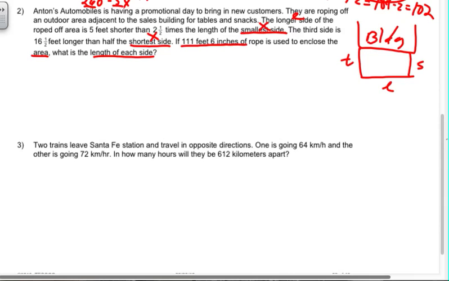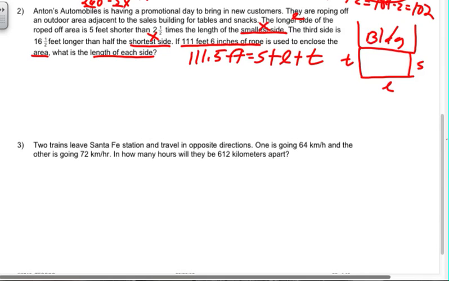This is how much rope is available, so that would be a perimeter. 6 inches, so we have 111.5 feet. And that's going to equal short plus the long plus the 3rd side. Okay?